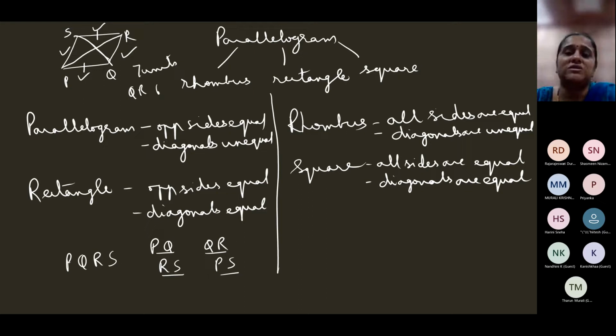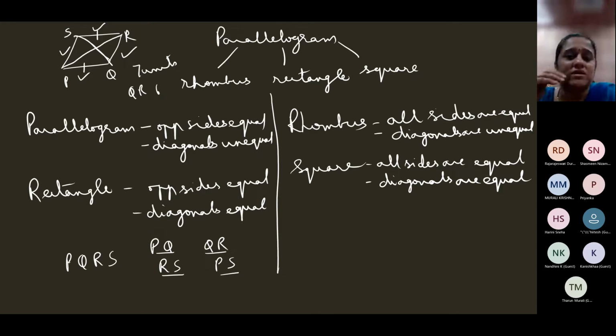If the sides measure 10 units, diagonals will not measure 10 units. They will be longer than the sides. So if all the sides are equal and the diagonals are equal, it is a square.